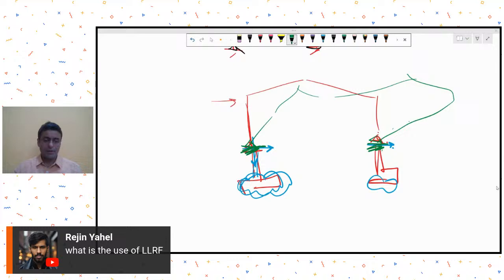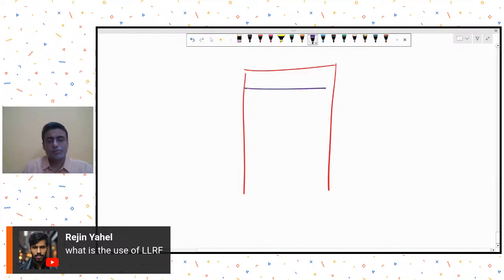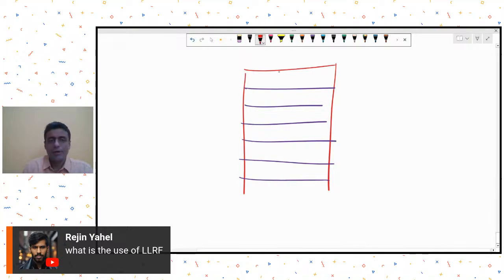What is the use of live load reduction factor? So basically, the concept of live load reduction factor is that suppose I were to design a substructure, and suppose I had a case of a multi-level building. Now this building will have dead load and live load. When there is a live load, essentially it means that there is a probability that the live load may be there, may not be there.